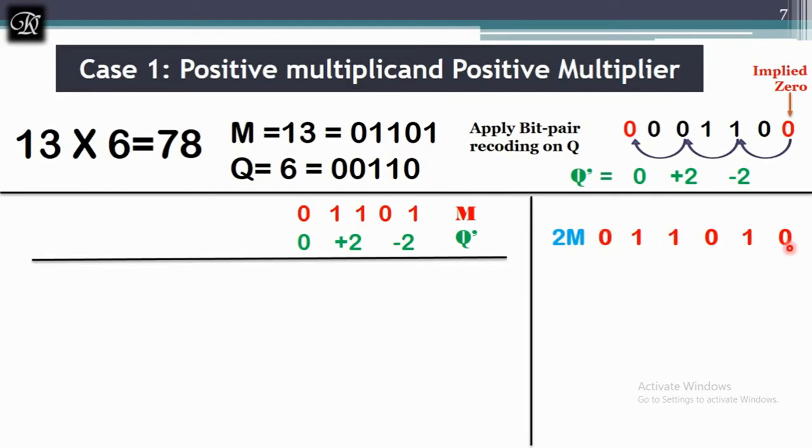For any number, if you want to double it in binary, add a 0 at the LSB and it will become double of that number. If you want to divide that number by 2, then remove the LSB, and it will become division by 2. That is the one beautiful thing which we even discussed in the shift instruction.